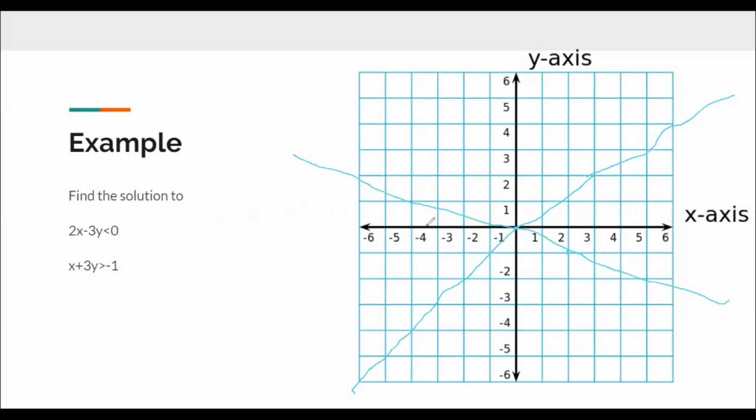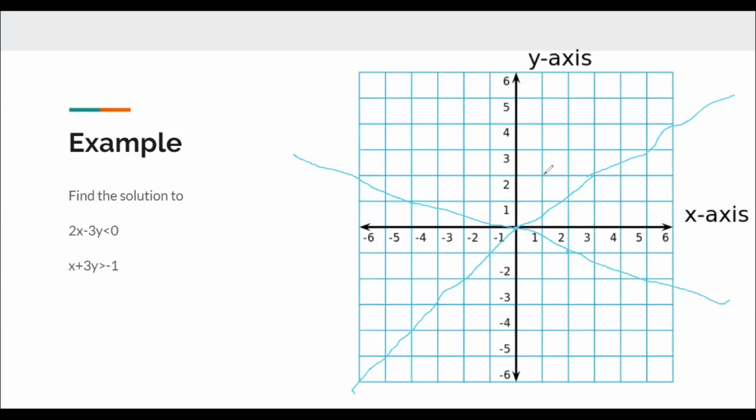And then you look, does the point satisfy when it's above the line or below the line for x plus 3y is greater than negative 1? Let's just plug in 0, 1. You're going to get 0 plus 3 is greater than negative 1, which is true. So the points above the line are going to work.